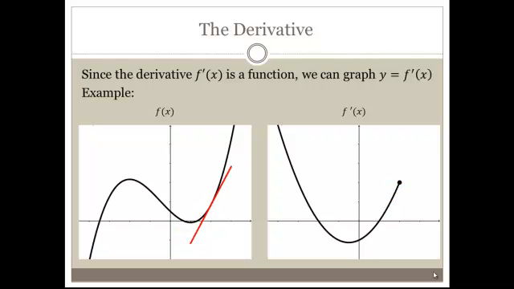Since the slope becomes positive, so does the derivative. As we move along the curve, we can see the relationship between the tangent line in our graph of f of x and the point on the curve f prime of x.